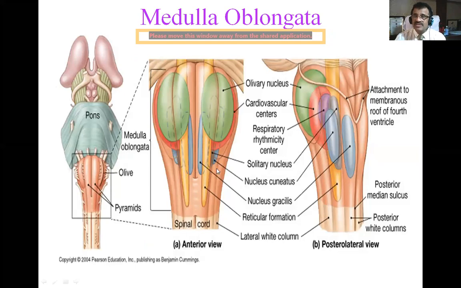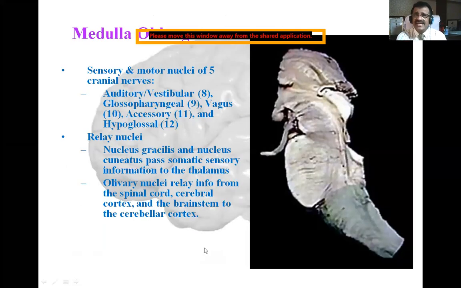You can see in this picture the nuclei and the different major parts of the medulla oblongata, like the cardiovascular center shown here, then the respiratory rhythmicity center, then the solitary nucleus, and you can see the nucleus cuneatus, nucleus gracilis, and reticular formation, which is also present in all three parts of the brainstem. Well, I think this is enough for you. And the medulla oblongata has sensory and motor nuclei of four cranial nerves.